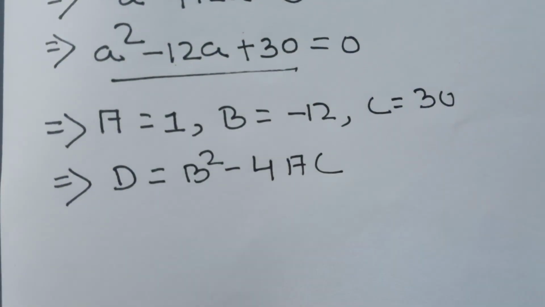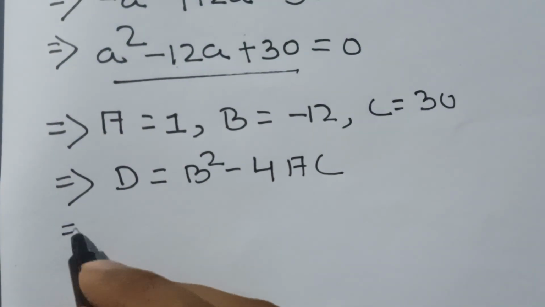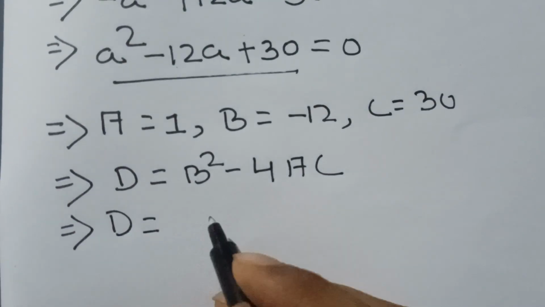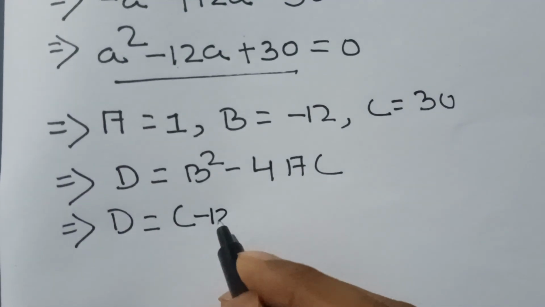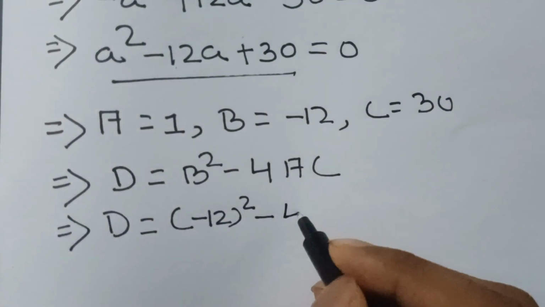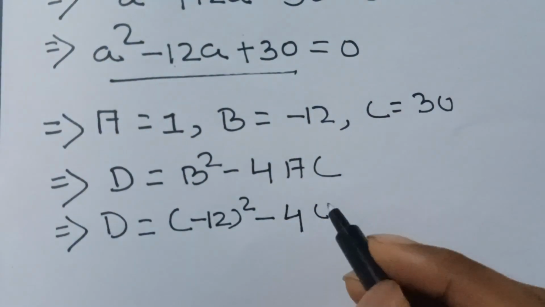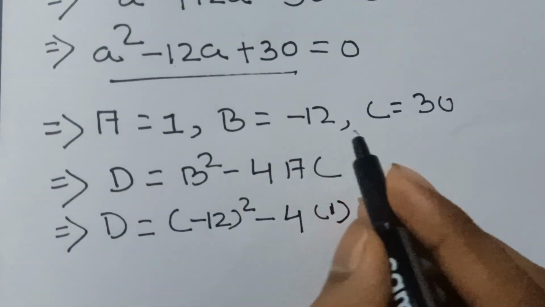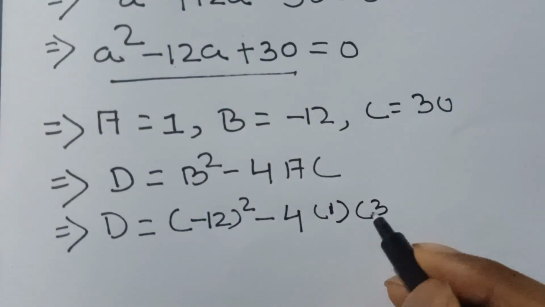Substituting the values, d is equal to negative 12 square minus 4 times 1 times 30.